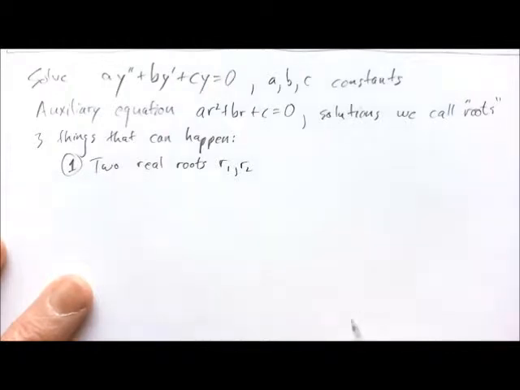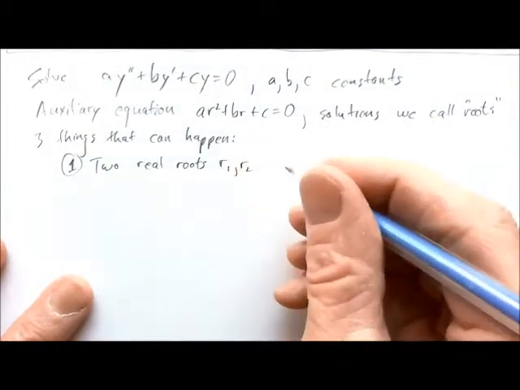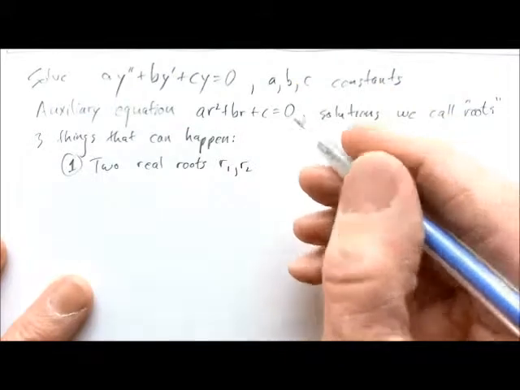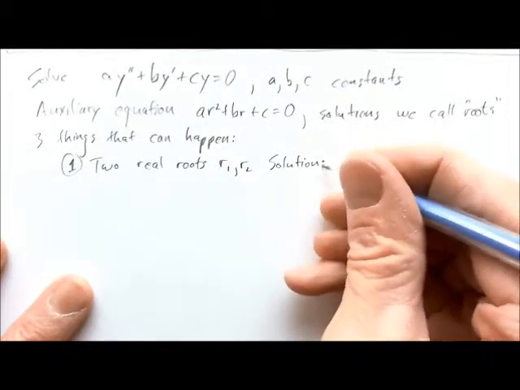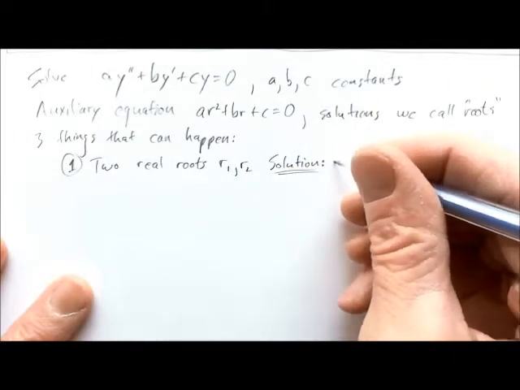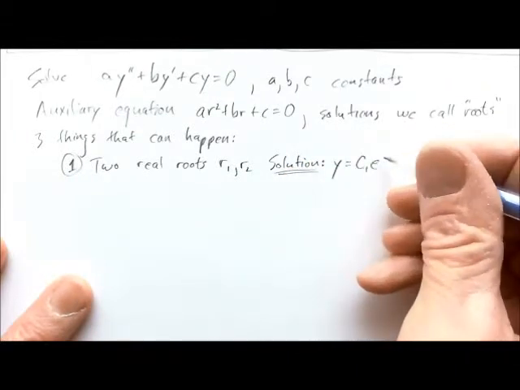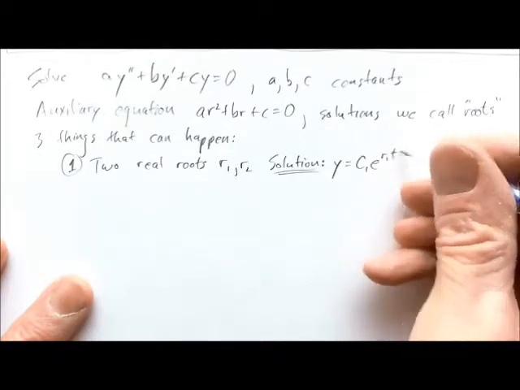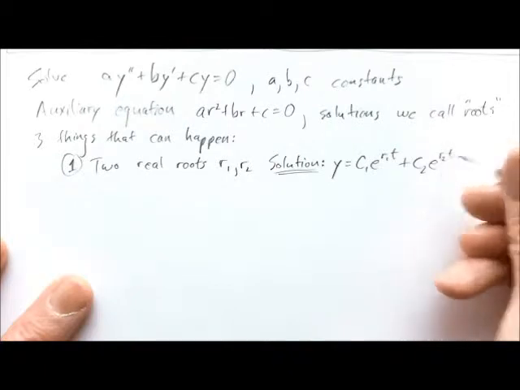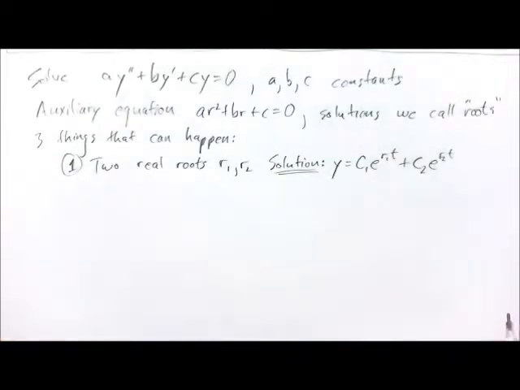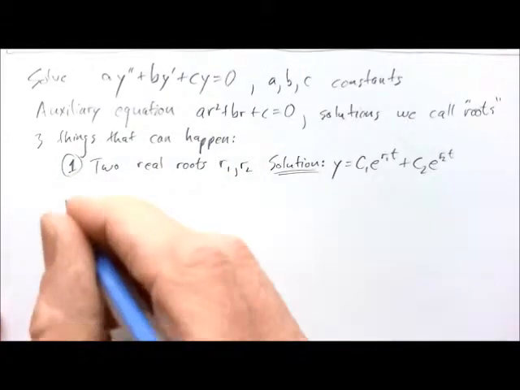In that case, the solution to our homogeneous ODE is y equals c1 e to the r1 t plus c2 e to the r2 t, which is exactly what we saw in our previous example. See, we have two arbitrary constants because we're solving a second order differential equation.